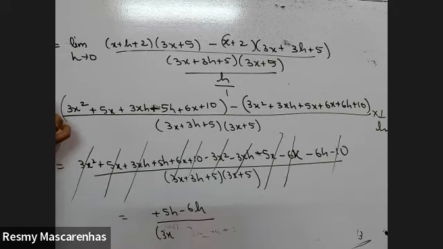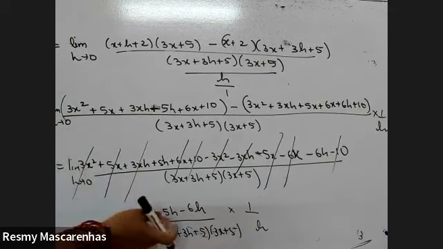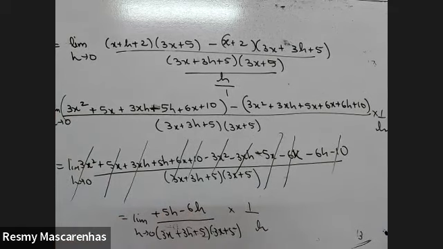Limit is there, everywhere just add limit at the side. Plus 5h minus 6h is minus 1h.